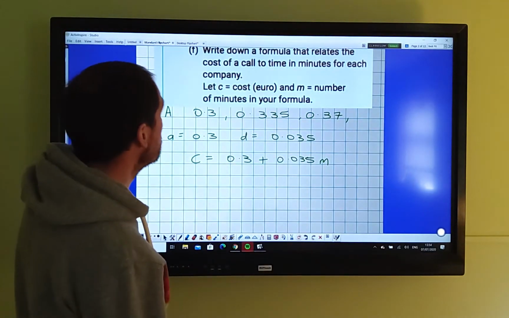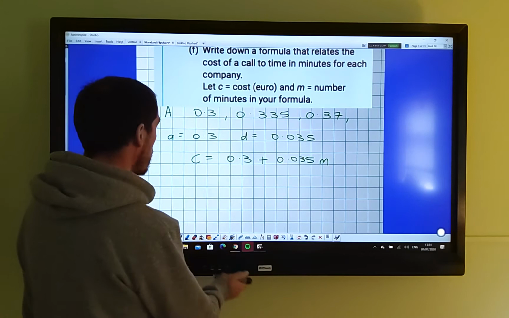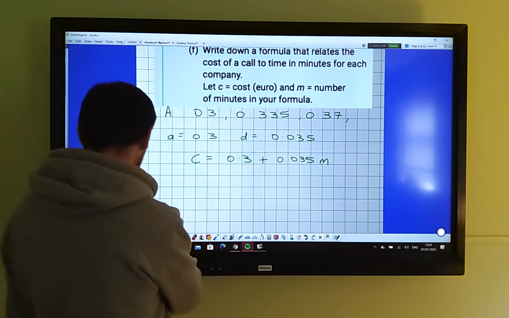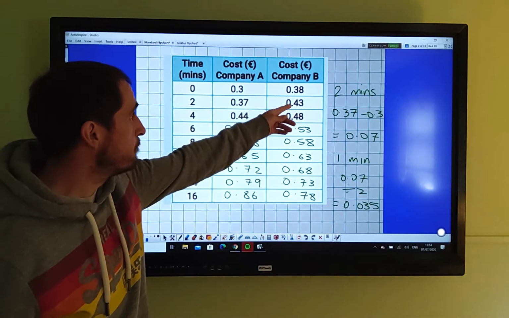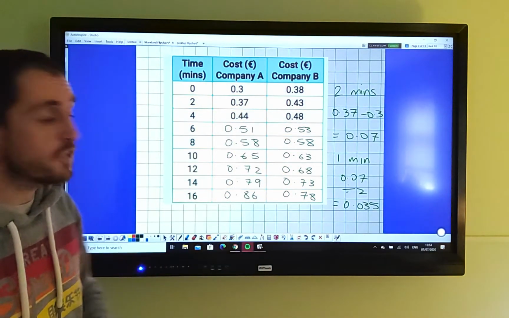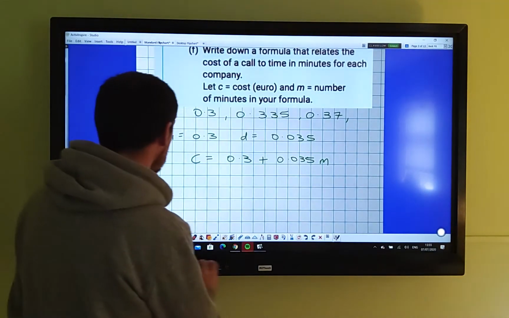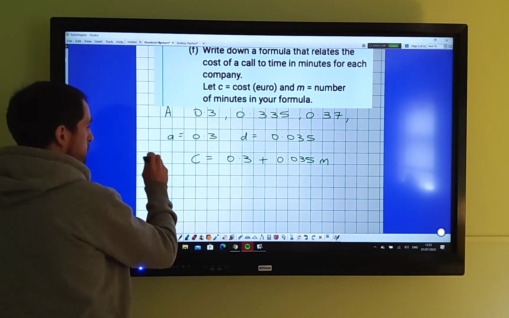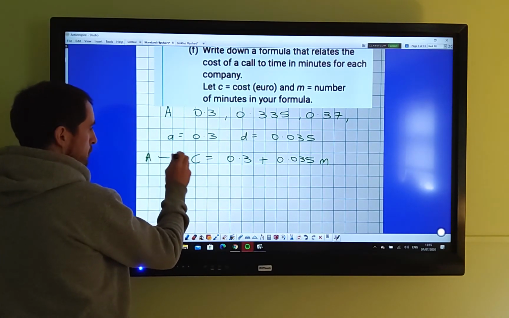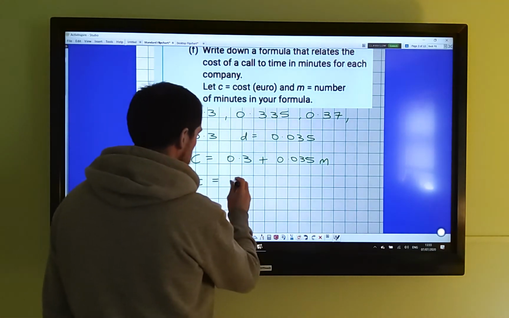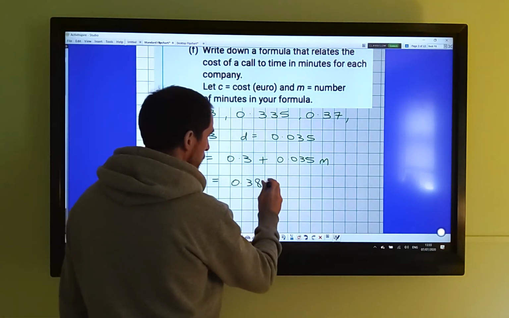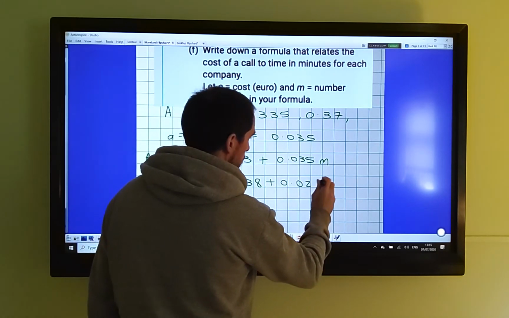And then for company B, it starts off at 0.38 and it goes up 2.5 cents each minute. Okay, so that was for company A. So company B, the cost is equal to 0.38 plus 0.025 per minute.